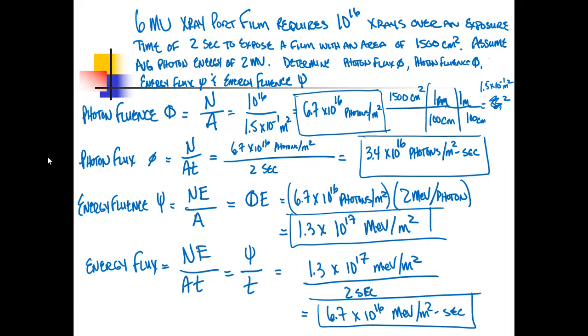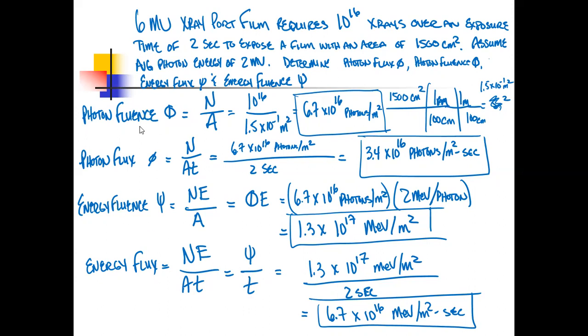Finally, for the energy flux, we want to see how the energy fluence changes with time. And because we want to do that, we're going to take the energy fluence and we're going to divide that by time. So if you're noticing a pattern here, the flux is referring to how things change over time.